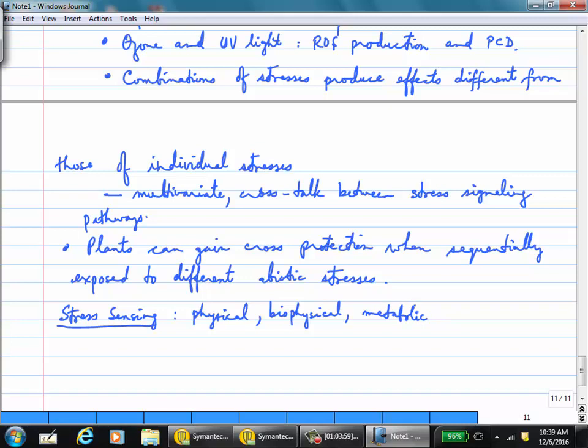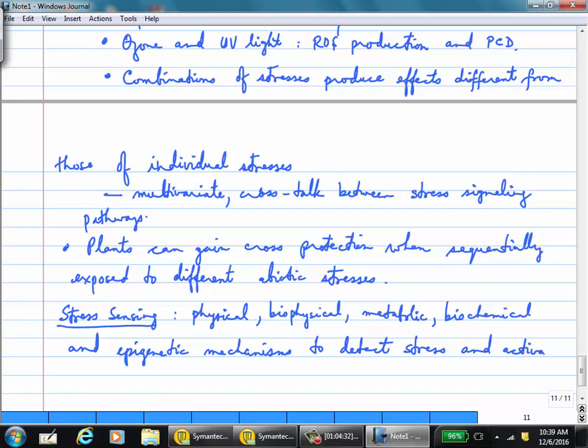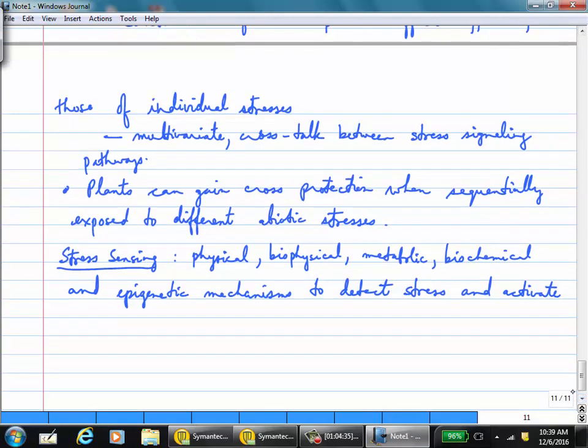Metabolic, biochemical, and epigenetic mechanisms. Epigenetic means methylation, acetylation, and so on, not changes in the genome, but basically turning something on or off. So epigenetic mechanisms to detect stress and activate the corresponding pathway.